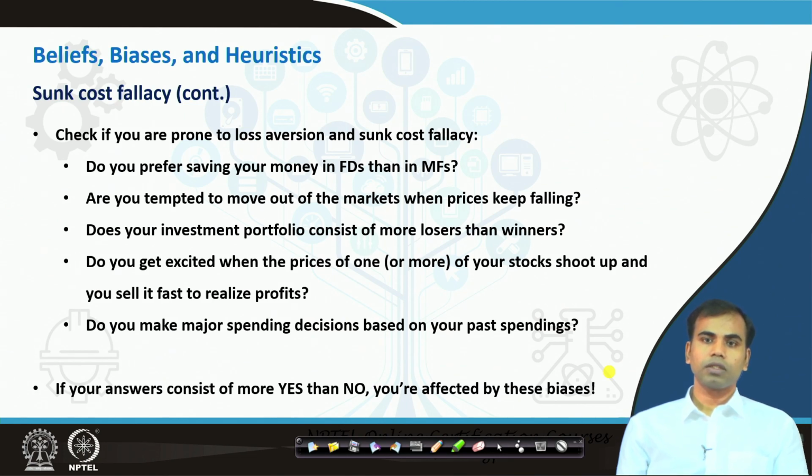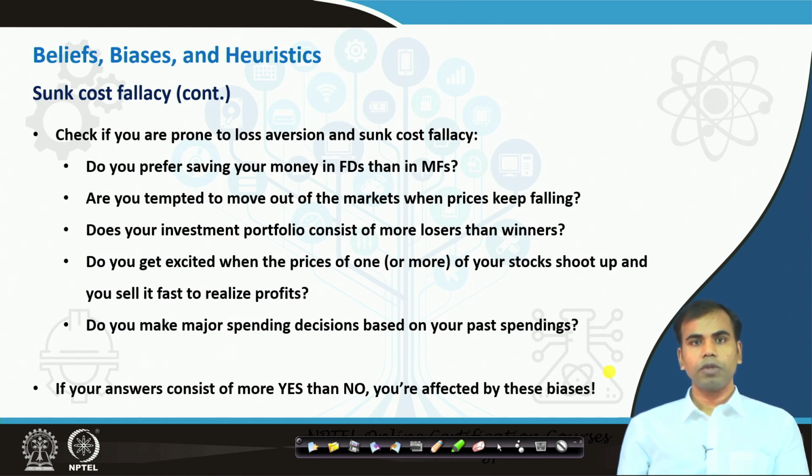The second question is whether you are tempted to move out of the stock market when the prices keep falling. If you realize that the prices are falling continuously, you are tempted to sell everything and quit the market. That is again a case of loss aversion, where you try to justify selling your stock just by looking at the falling prices.